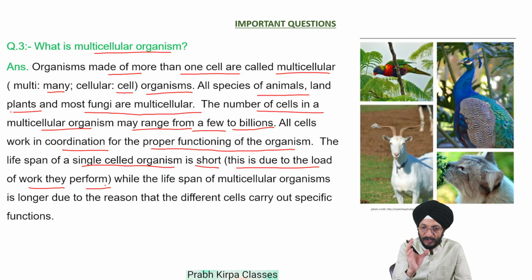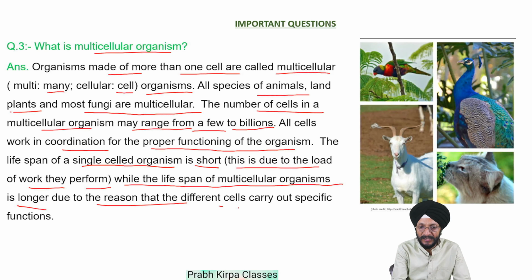The load is very heavy. All the functions, that is eating, digestion, reproduction, are performed by a single cell. While in the case of a multicellular organism, the lifespan is longer because different cells carry out different functions.